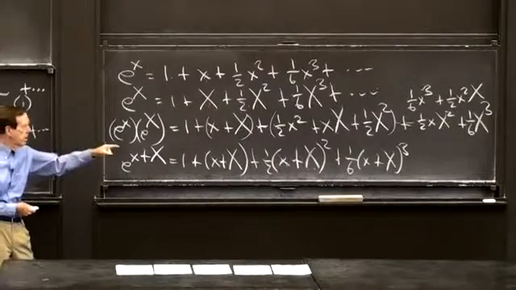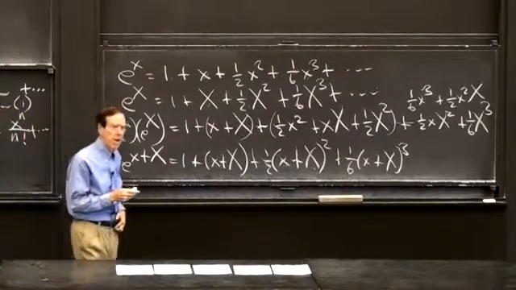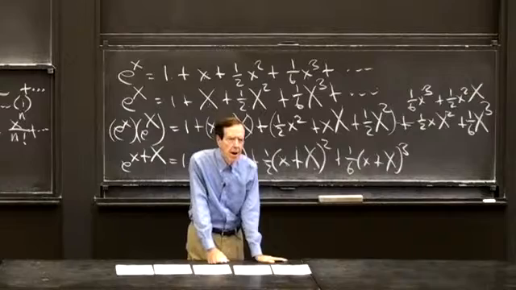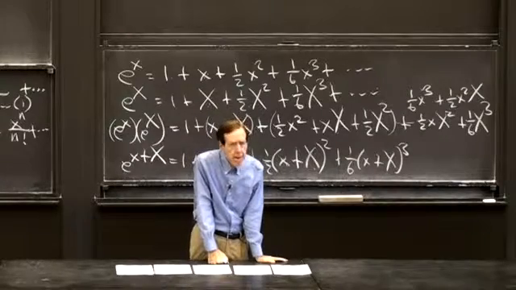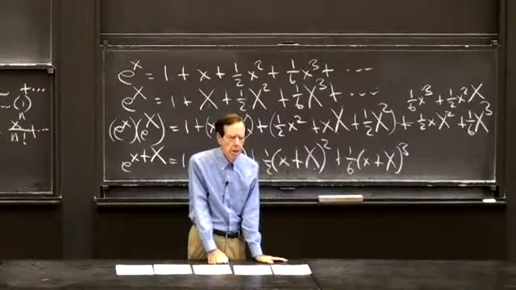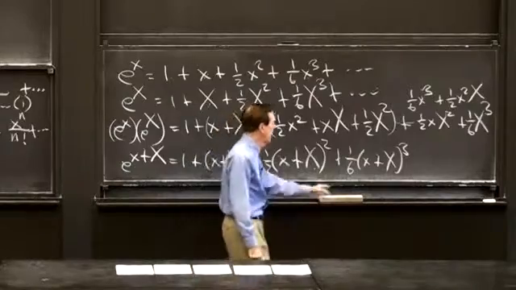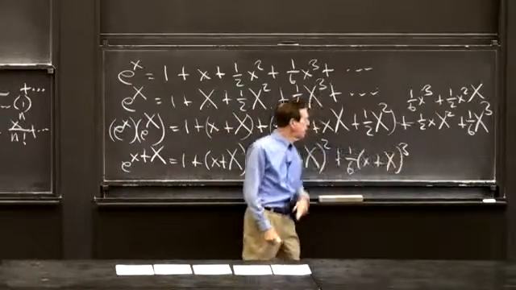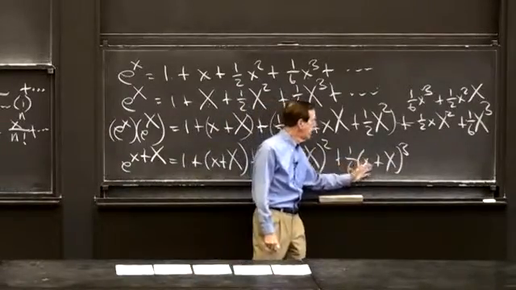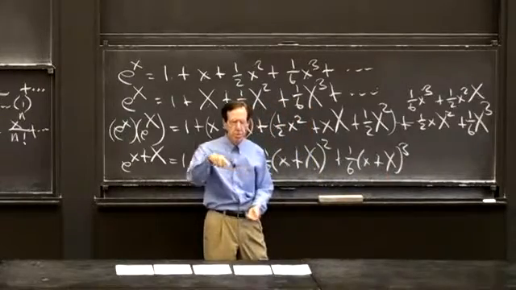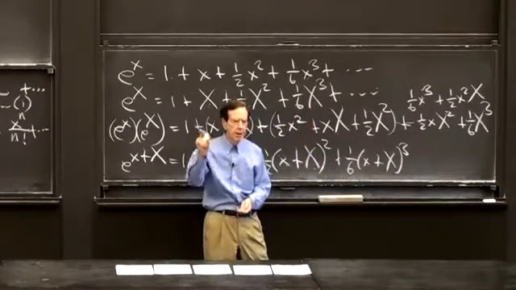If we cube this, do you remember the right words to say now? Binomial theorem. The binomial theorem tells you how to take the nth power of a sum, like x plus capital X, to the nth power.